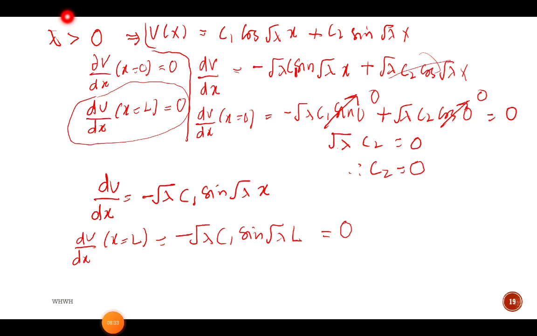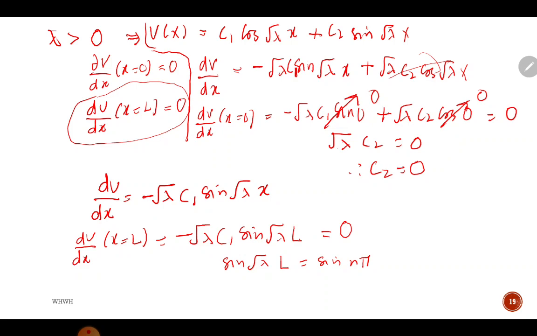Alright. Okay, so when it comes to here, kita akan ada this thing will equals to 0 when lambda ni again cannot be equals to 0. So we have sin square root lambda L, which will make it equals to 0 kalau sin ni is equals to n pi.